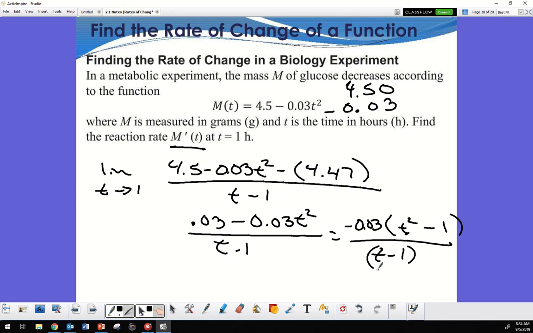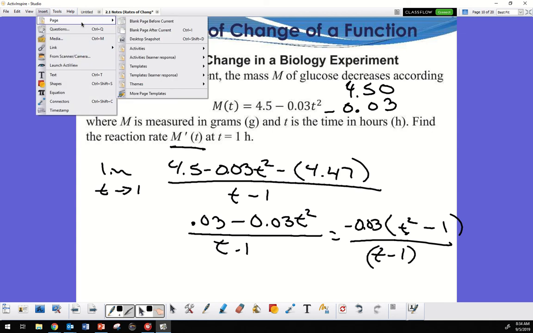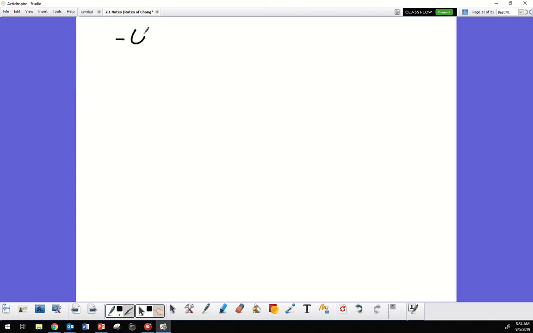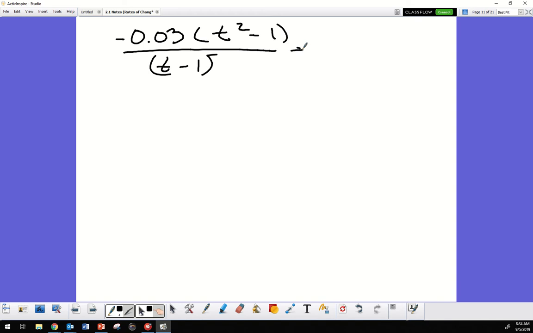That's the reason I set it up like that. Can we see something special there? Yes, t squared minus 1 is a difference of squares, so I can factor that further. So I have negative 0.03 times the quantity t squared minus 1 over t minus 1. Factoring that, it's negative 0.03 times the quantity t plus 1 and t minus 1, over t minus 1.